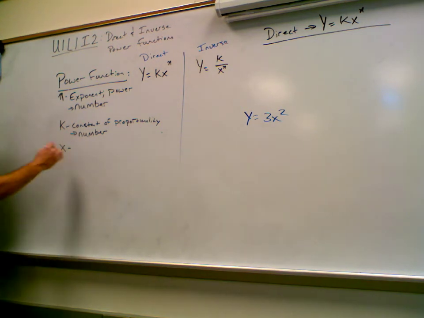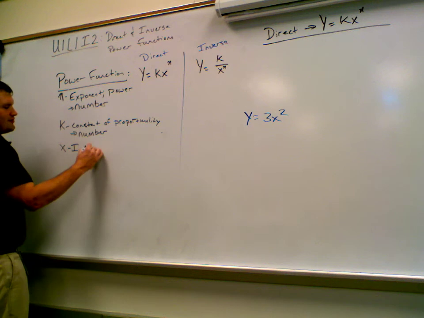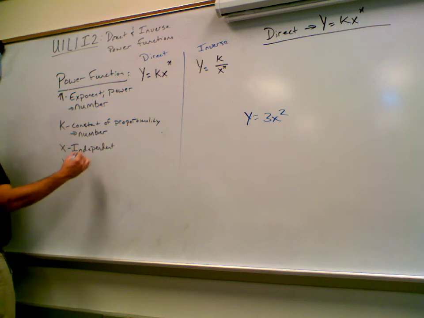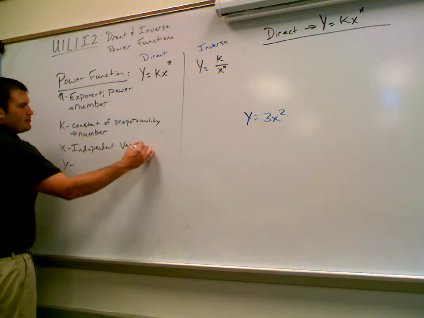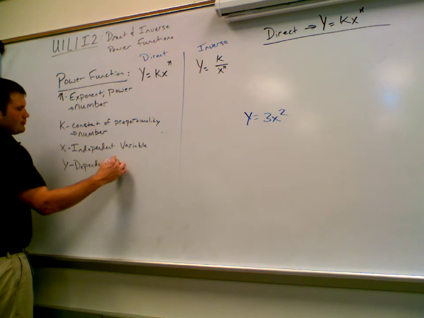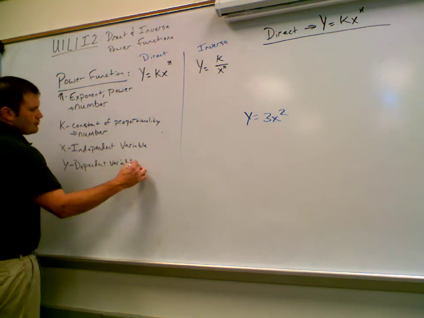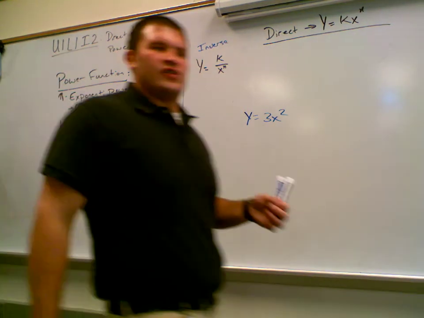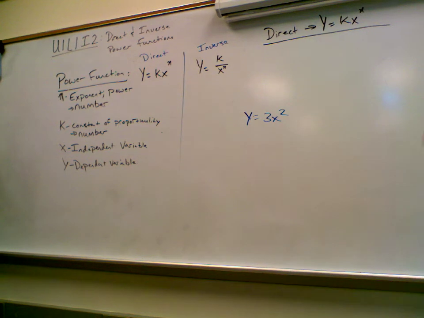What variable is it? Independent. Good. And y is the dependent. Does that make sense? So it's just like what we did when we talked about inverse and direct earlier, except now I've added that exponent n. It's the same exact thing, except now I've added the exponent n.